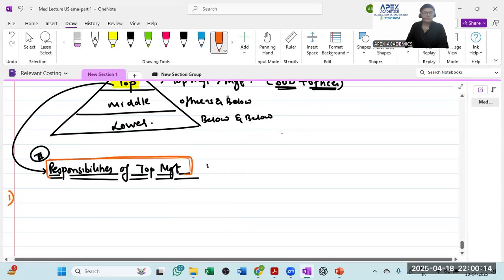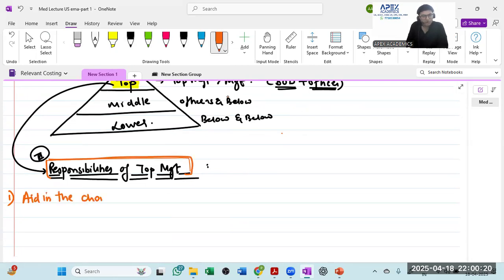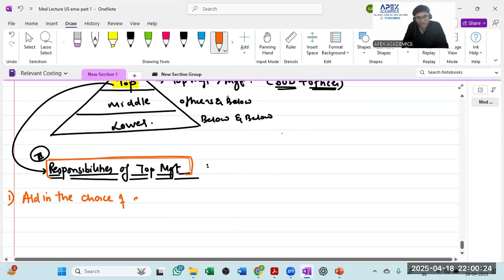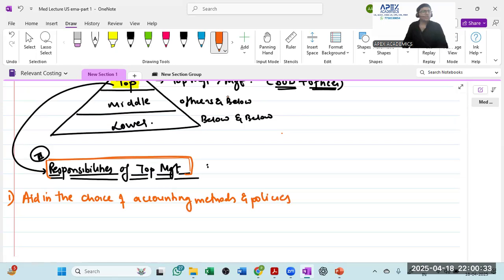Sir, first responsibility. They will aid in the choice of accounting methods and policies. So the top management will choose the accounting policies.